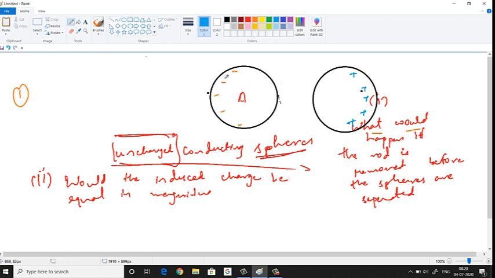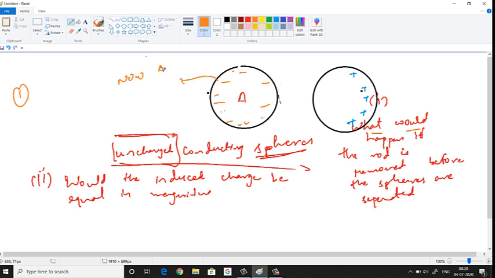Now these negative charges would repel inside A and spread everywhere. So you get a completely negatively charged A. Can I say A is charged? Yes.